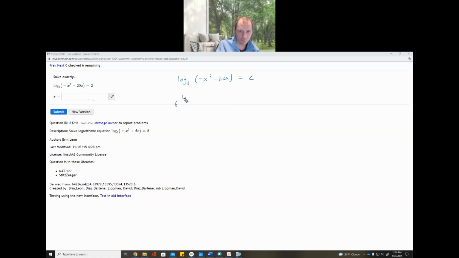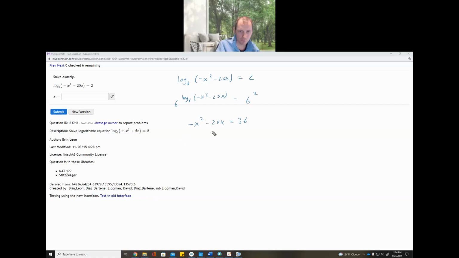So I have 6 to the power of log base 6 of that equals 6 to the power of 2. On the left, the exponential and log wipe each other out, and I just get the inside function, negative x squared minus 20x. On the right, I have 6 squared. That's just 36.